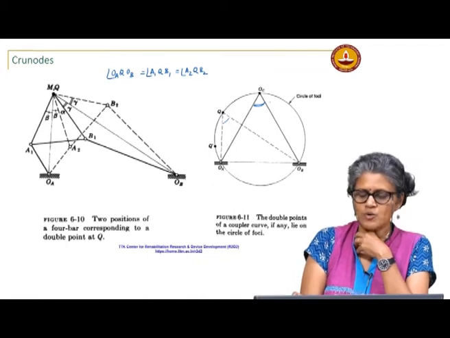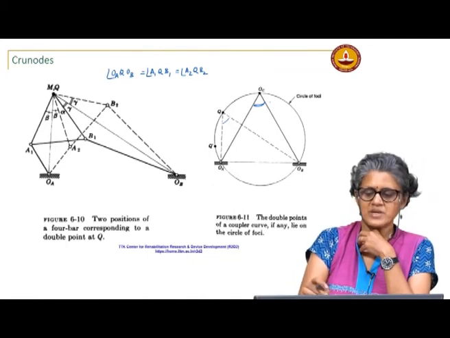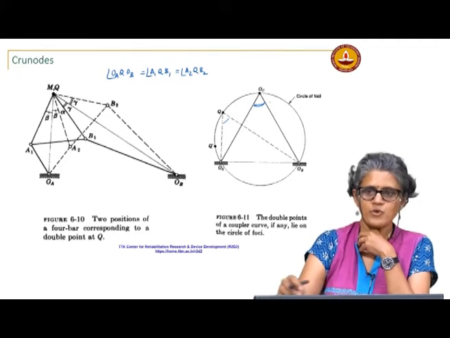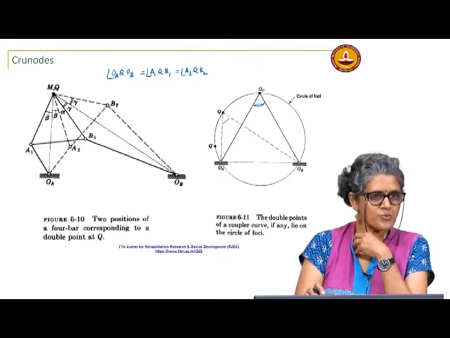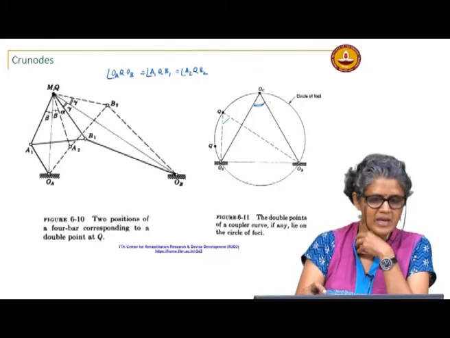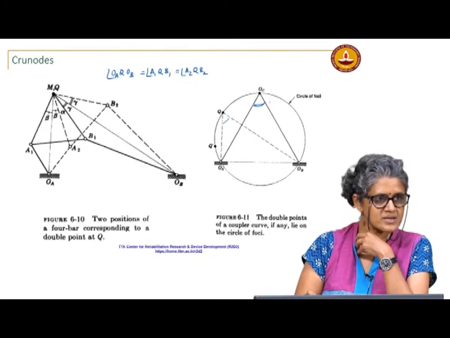This chord OA OB will subtend the same angle at any point on the circumference of this circle. That means I can pick my point Q anywhere on this circle.